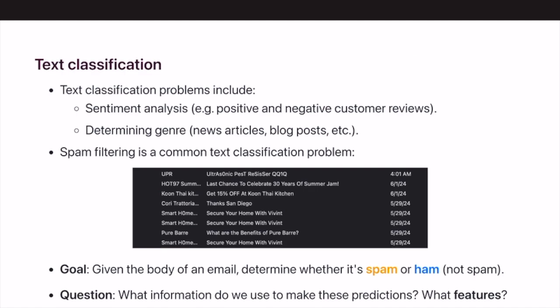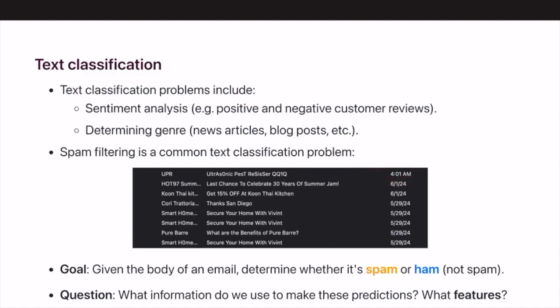So anyways, we're going to be doing text classification, and specifically, we want to take this text data right here, which are emails. So you can see this is the sender, this could be the subject, the text might be hidden, and this is the time that it arrived.